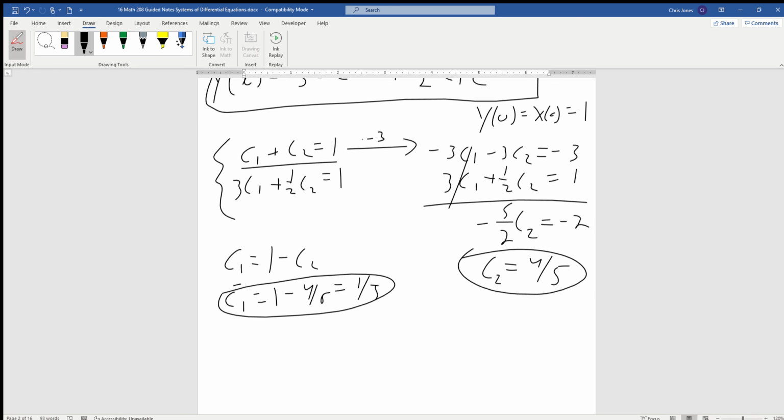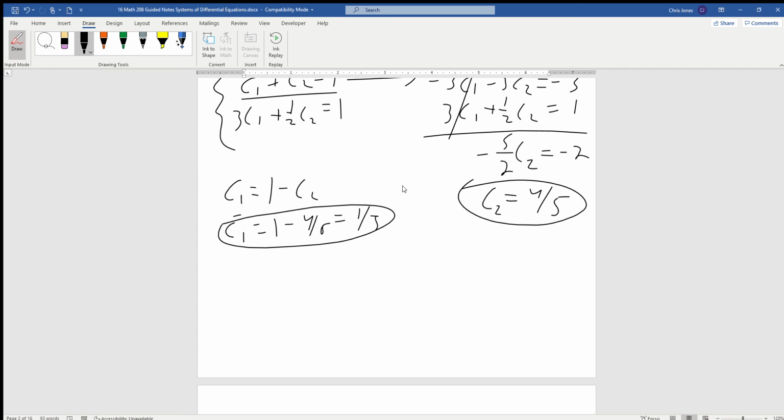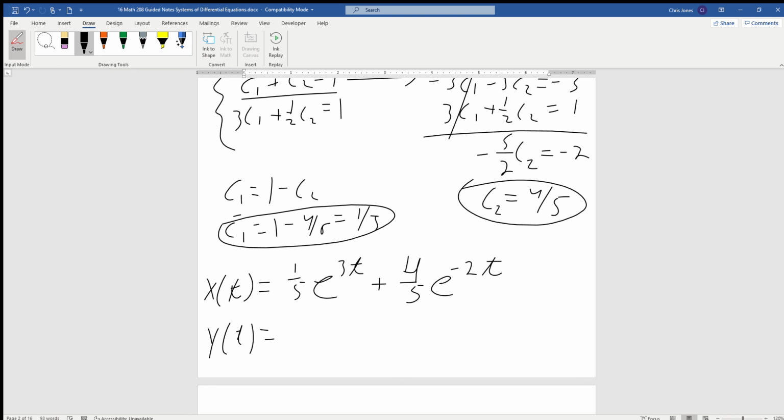Finally, we back substitute back into y and x. So remember that x at t was equal to c1, which is 1/5 e to the 3t, plus c2, which is 4/5 e to the minus 2t. Right? So that works out really nicely for x at t. And then for y at t, now be careful with this one.